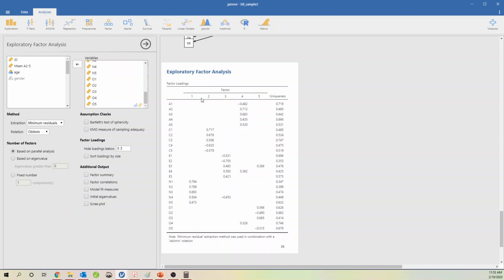The order of the factors is telling us the strength of the association between the items in the factor and the factor itself. So our strongest factor, our most reliable factor, is the neuroticism one. Its coefficients are pretty strong.